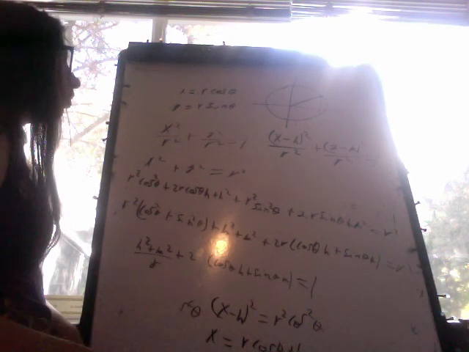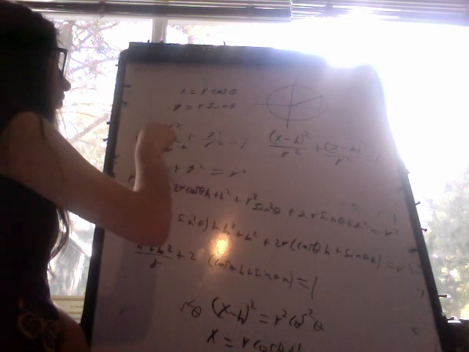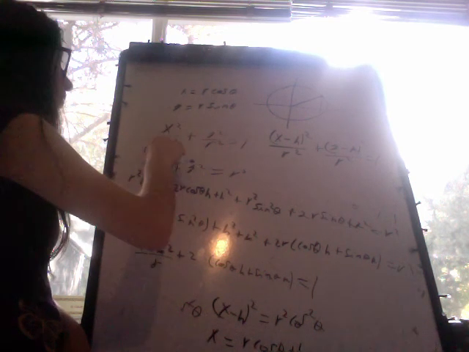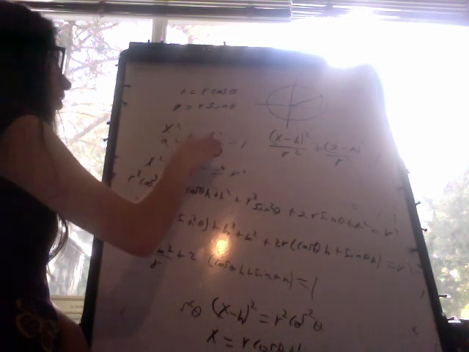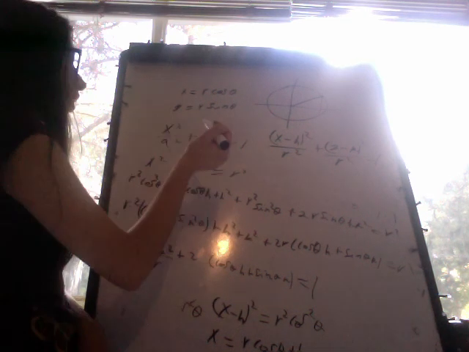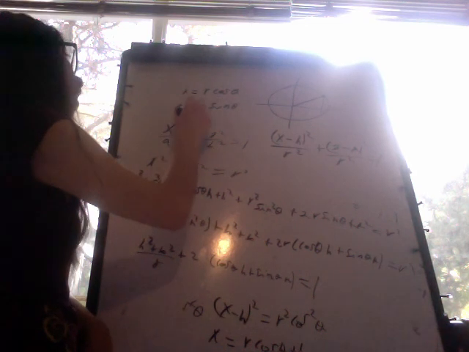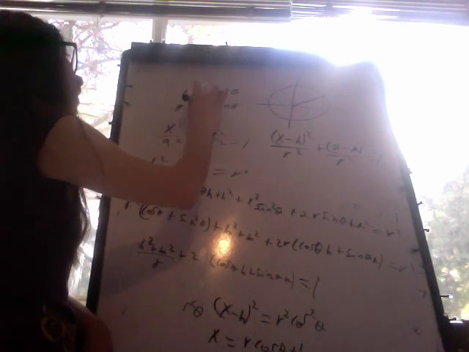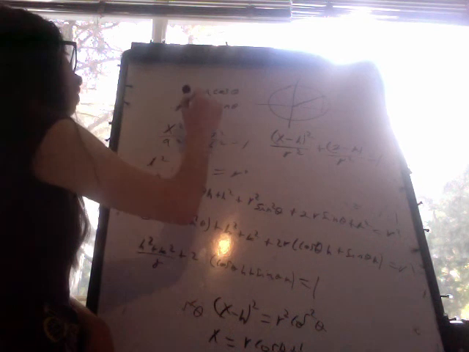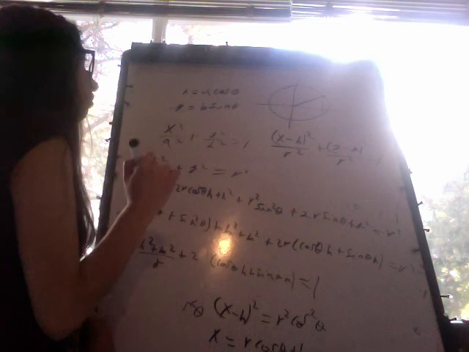Now what happens is, instead of having r and r here, we have a and b. So this is the ellipse centered at the origin. In order to do that parametrization, we need to put x equals a cosine of theta, and y equals b sine of theta.